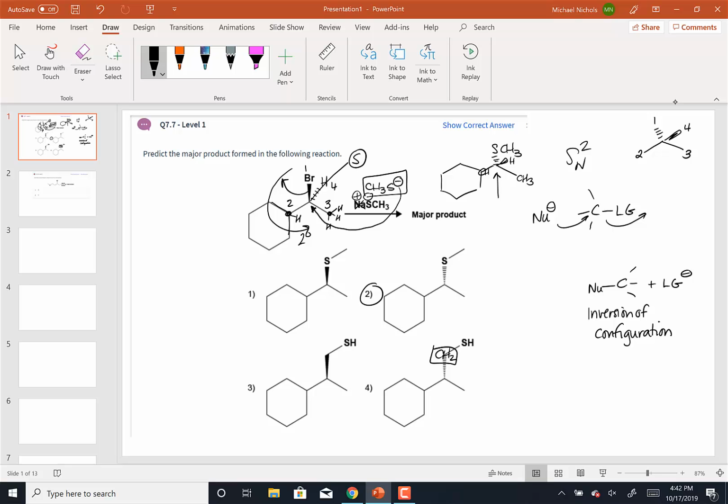No, it's not. So now I need to switch groups 1 and 4 and groups 3 and 2. So I just did 2 switches. Going from 1 to 2 to 3 is now clockwise. And so this configuration is the R. So we are correct. Product 2 has the correct nucleophile added with the correct stereochemistry.